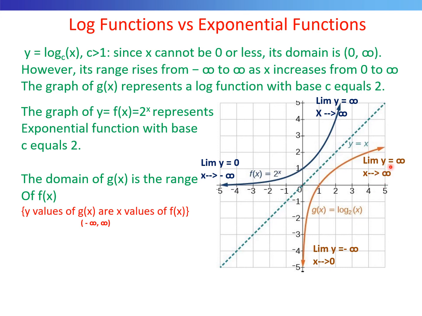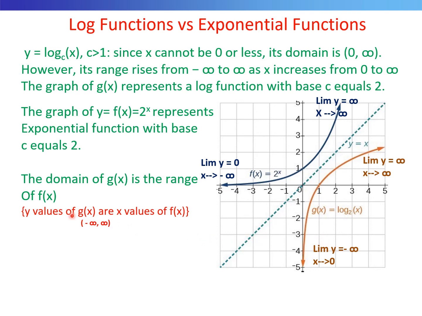So the y values of g of x are the x values of f of x. Let's take a look at the x values of f of x. F of x here is in the dark blue. X values of f of x go from negative infinity all the way to infinity. So we can see that these values are equal.